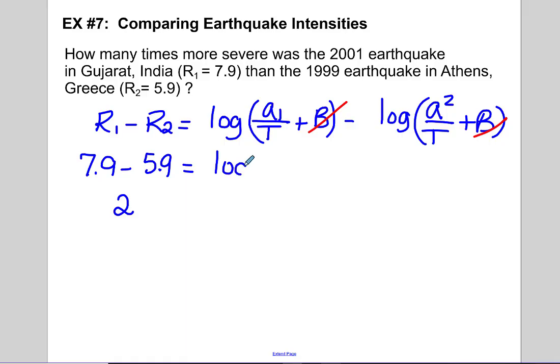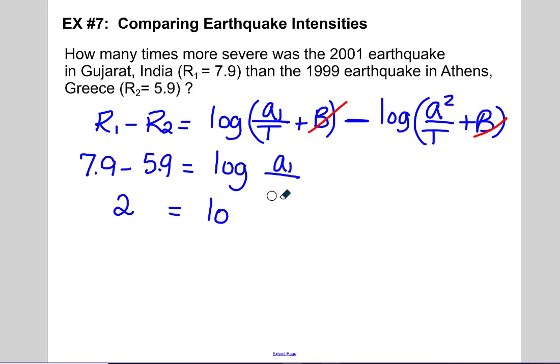And we've got log of A sub 1. If it's a difference, we can divide. And if we divided, the T's would go away, and we would just be comparing A sub 1 and A sub 2. I want to write one more step in there.